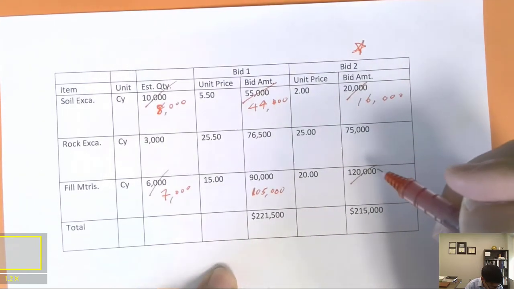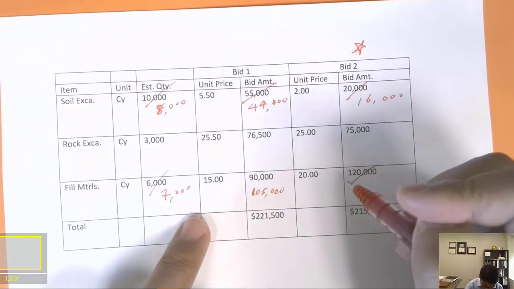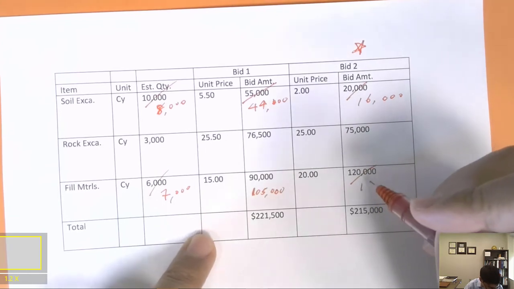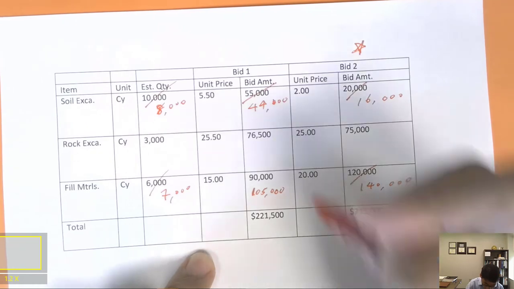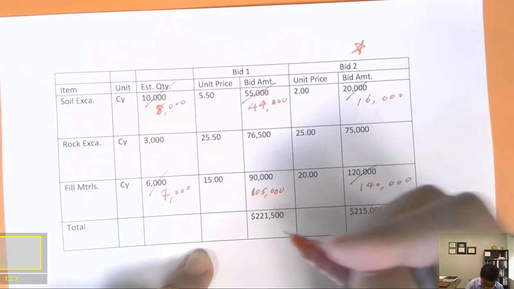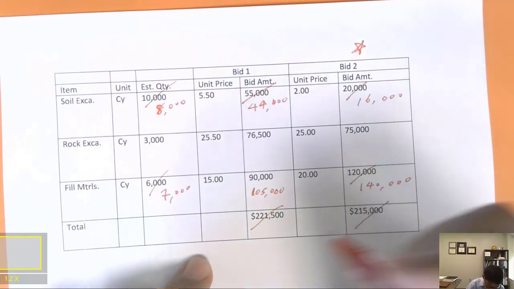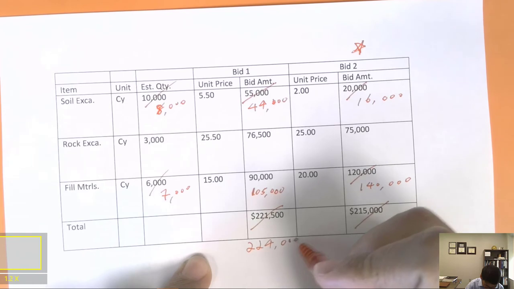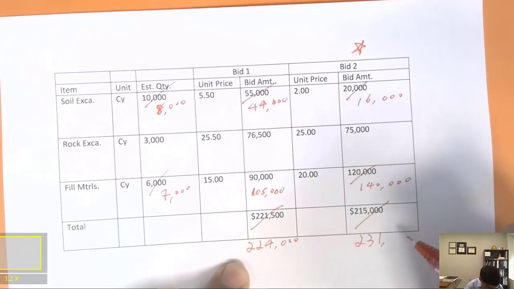And for bidder 2, this number times this number, so 140. And then we just add all of them up, and we get a new total price for the project, 231.